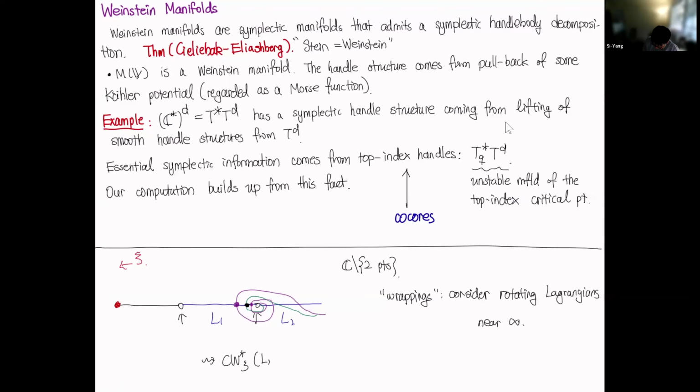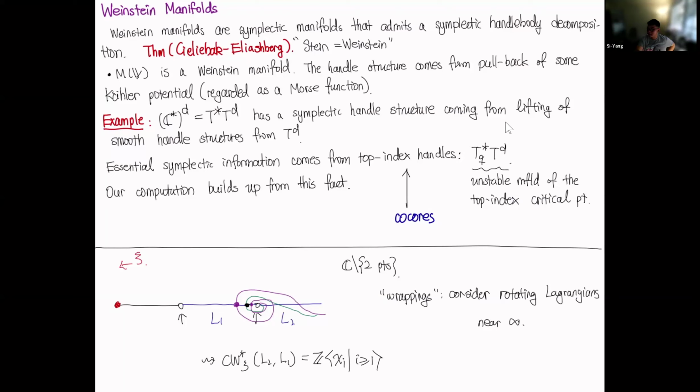A priori, you get a wrapped Floer complex of L2 and L1, because I'm rotating L2 which intersects with L1. It is an infinite collection of x_i, over Z, where i is greater than or equal to 1, just as a vector space, or as a module over Z. And in this case, you can directly see that there are no differentials.